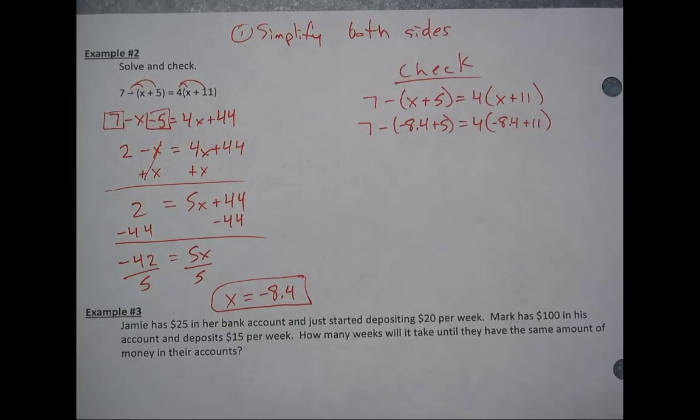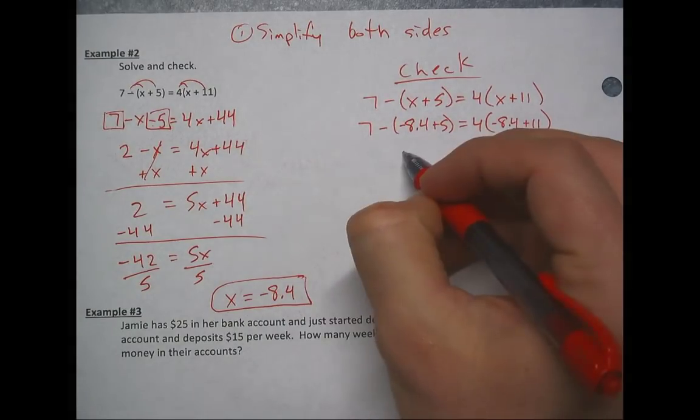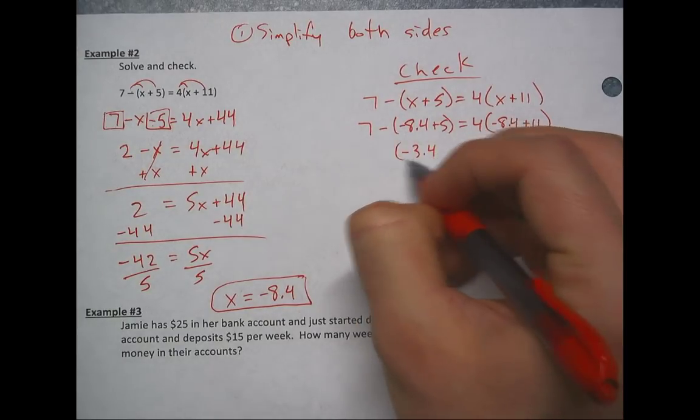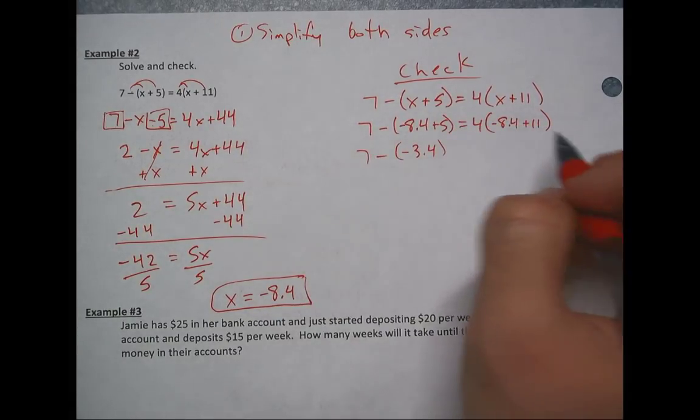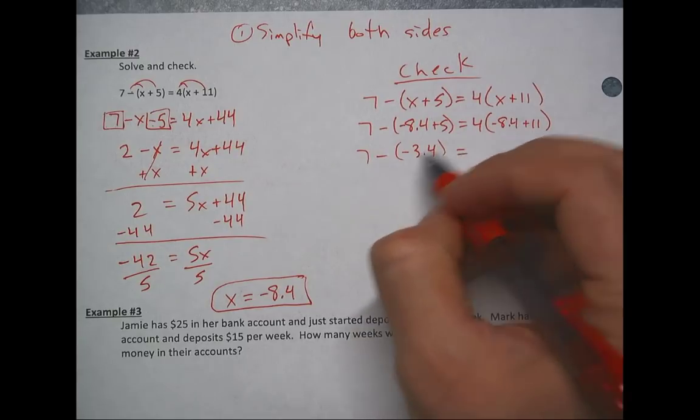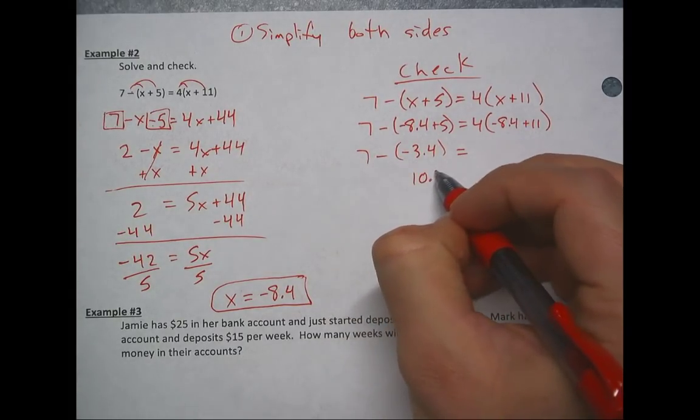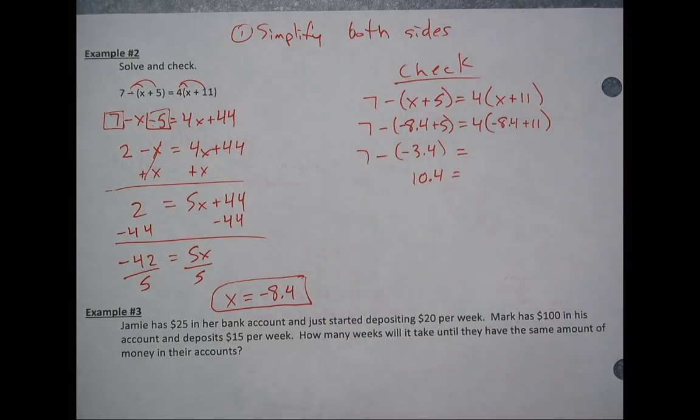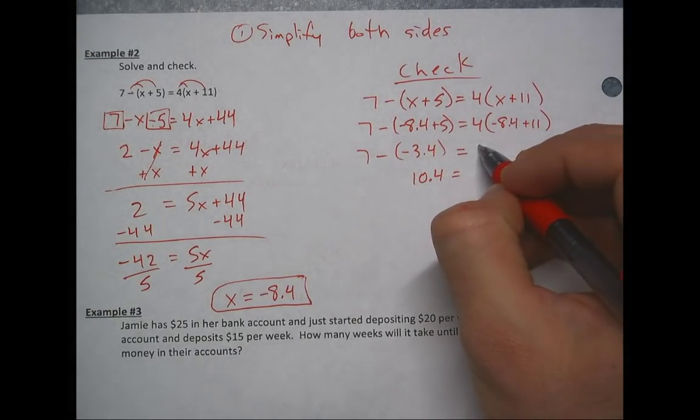So you're going to be adding inside of parentheses first. So negative 8.4 plus 5 is negative 3.4. So it's going to be 7 minus that, so really plus. So if I was adding here, 7 plus 3 is 10, so this is 10.4. All right, and then on the other side, the negative 8.4 plus 11 is going to give me 2.6.